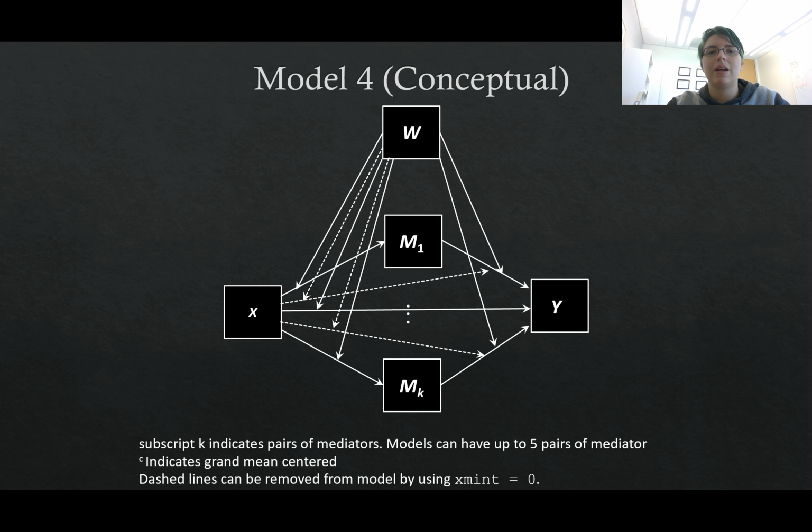And one of the things that I want to point out is that you can have multiple mediators in these models, but they have to be in parallel. And the moderation structure has to be the same across all of the mediators. So currently there's not a way to allow for, let's say, the B path of M1 to be moderated, but the B path of M2 is not moderated, and maybe the A path for M2 is moderated, but the A path for M1 is not moderated, things like that.